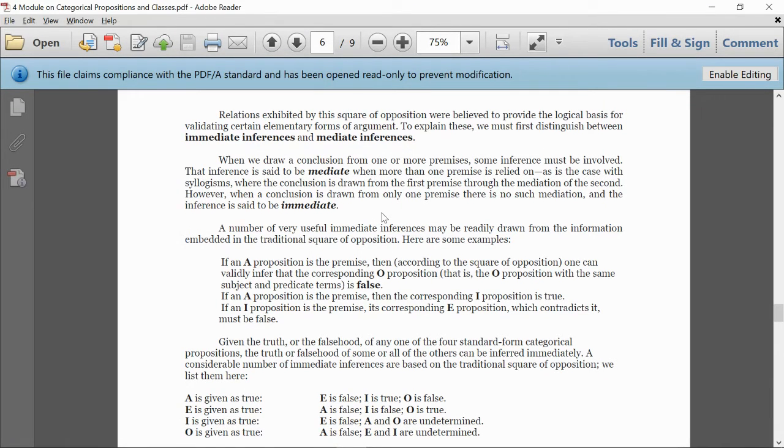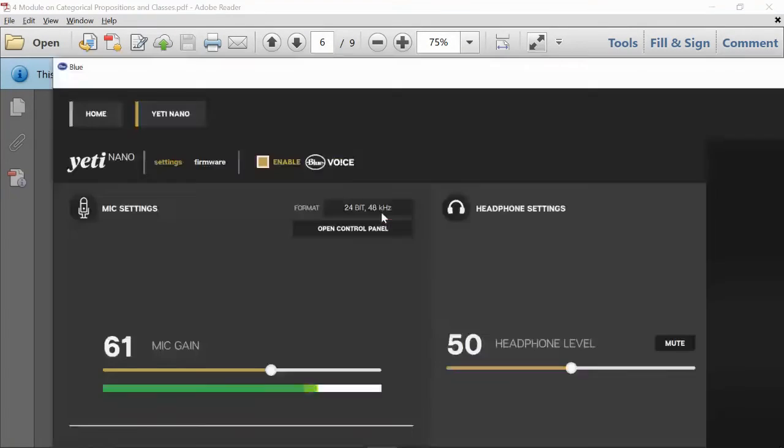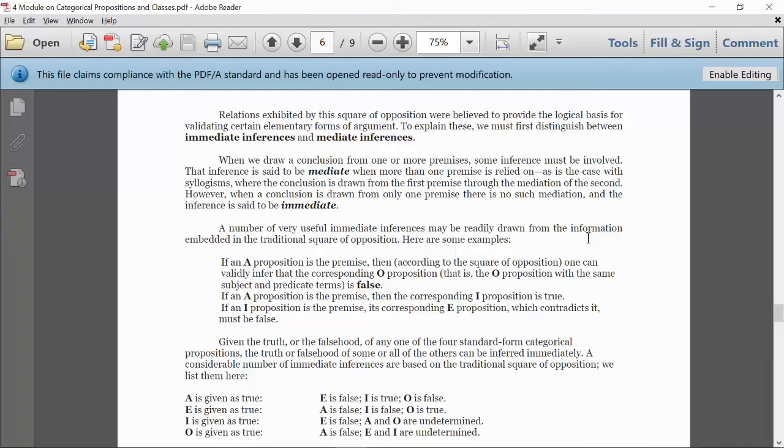When we draw a conclusion from one or more premises, some inference is involved. That inference is said to be mediate when more than one premise is relied on, as is the case with syllogisms, where the conclusion is drawn from the first premise through the mediation of the second.